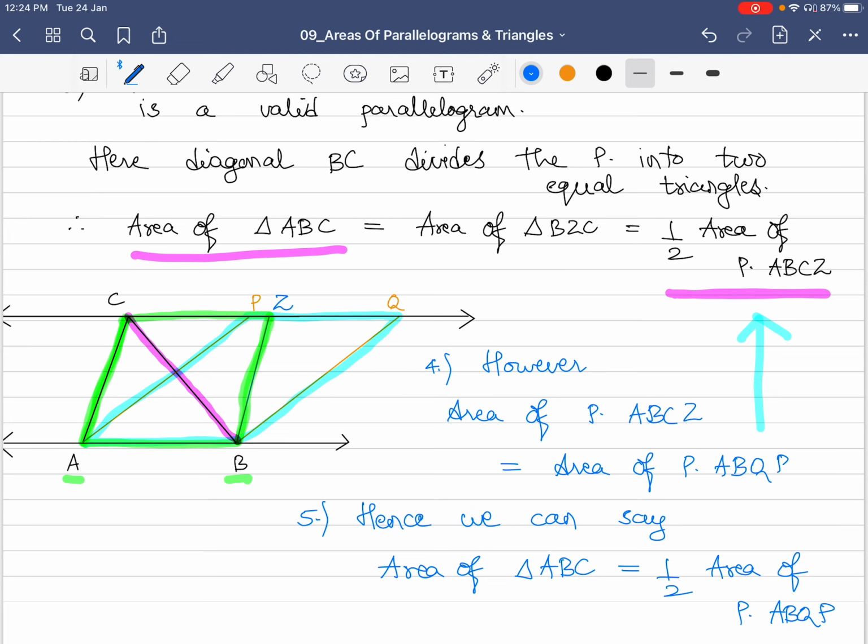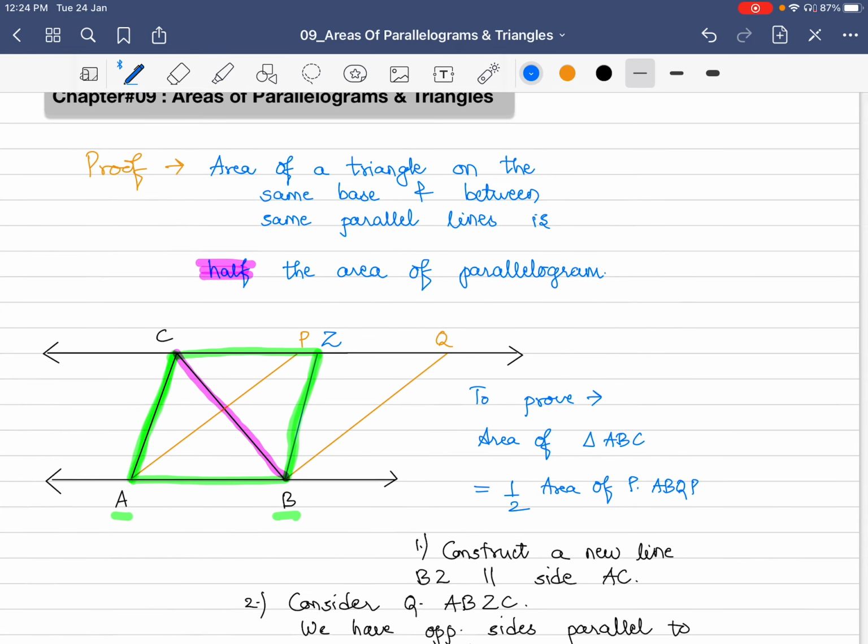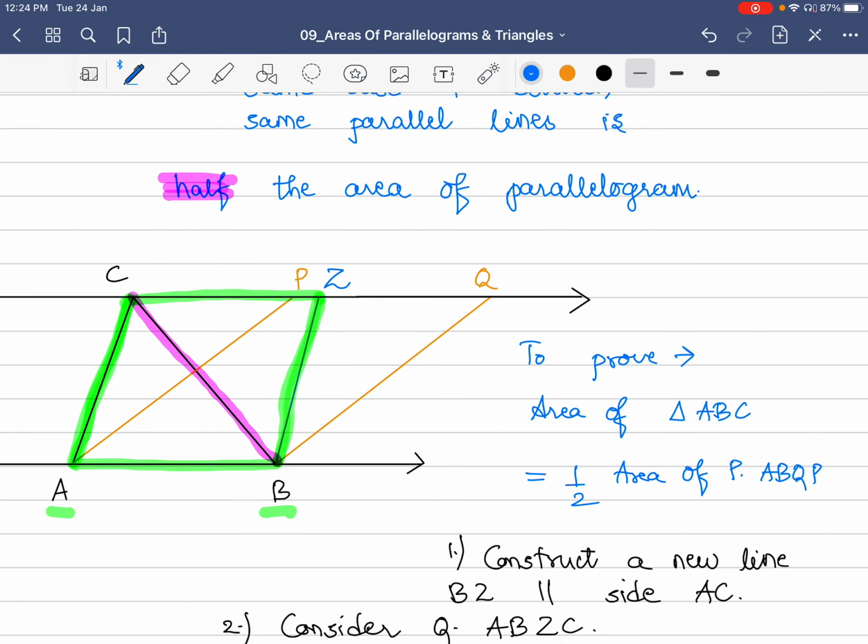This is exactly what we wanted to prove in the beginning. Here it is. We wanted to prove that area of triangle ABC is half the area of parallelogram ABQP.